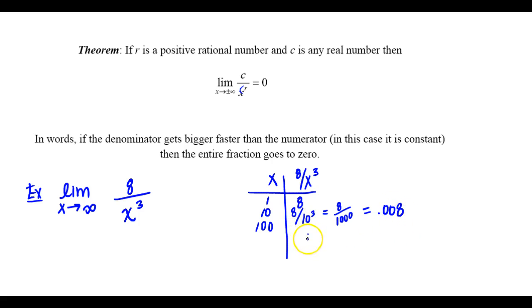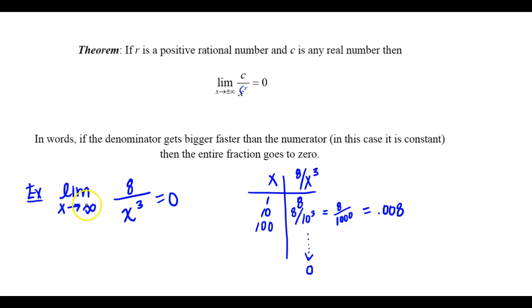I can imagine that these numbers are going to get closer and closer to 0, as my theorem tells me. What's happening is the denominator is growing. If I substitute in big values for x, and then I cube those values, they're going to get even bigger. So if the bottom of a fraction is really big, and the top is constant, so it's just the number 8, unchanging, if the bottom gets bigger faster than the top, then the whole thing is always going to go to 0.